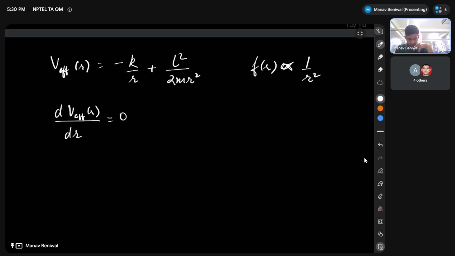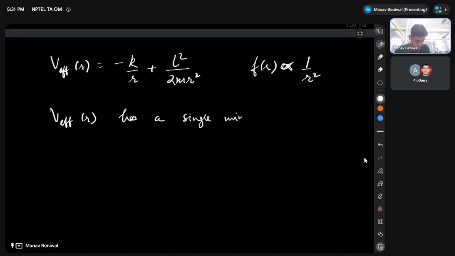So let me write down. This function V effective of r has a single minima at, let's say, some r equals r min.